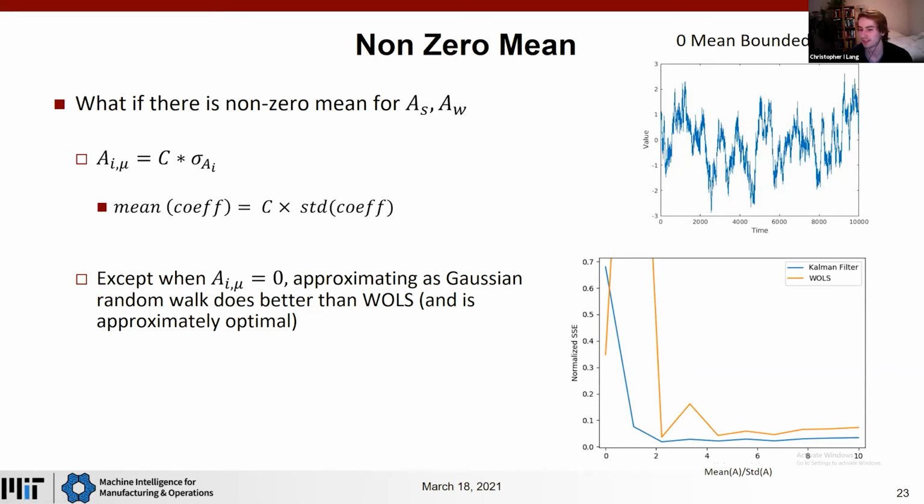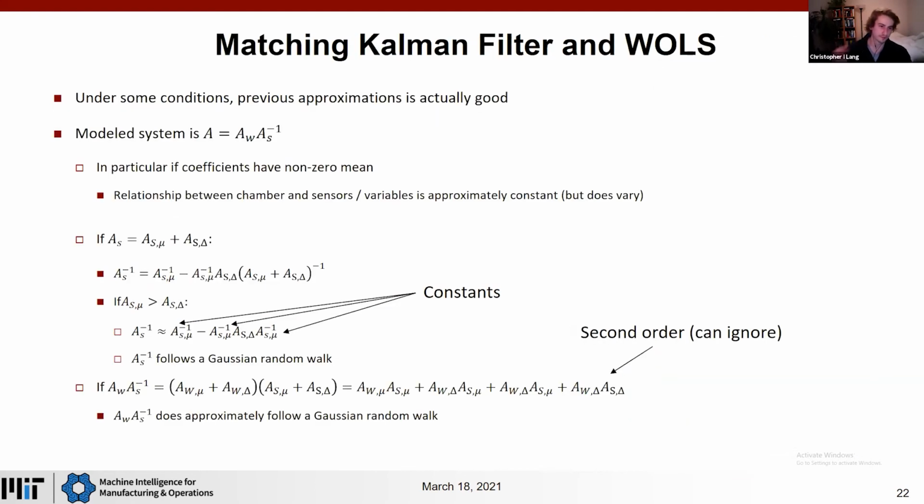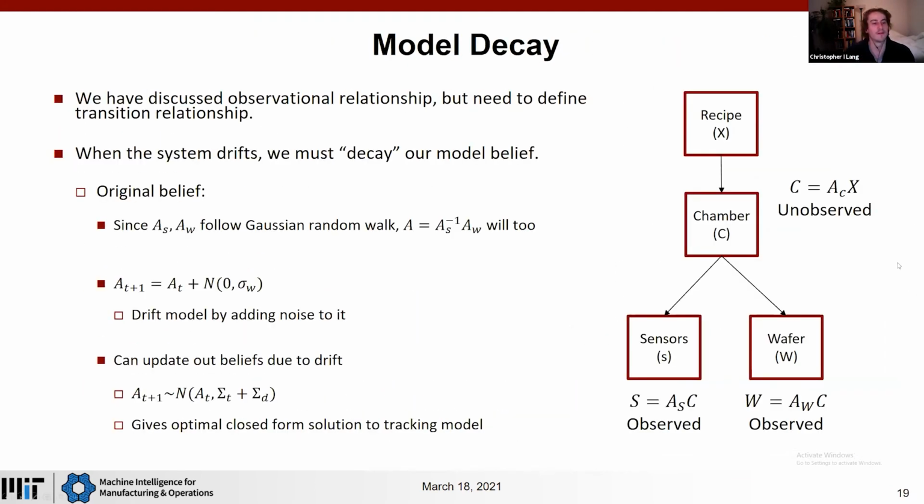But did you want me to talk a little bit about it? Yeah, so my question was about what this assumption means. Let's say that really it's most important in AS. AW, I think, can have 0 means and it will still be fine. But let's say that one of the important chamber variables is temperature, and we have a sensor that's measuring temperature.